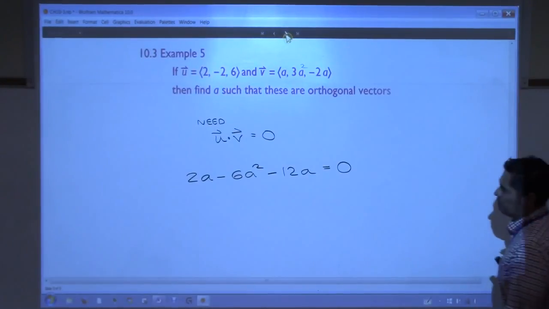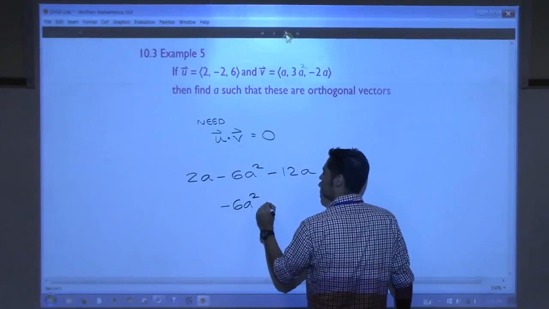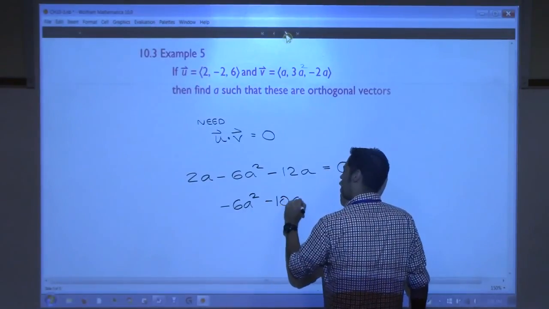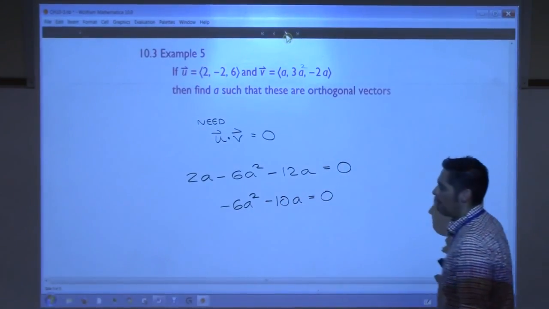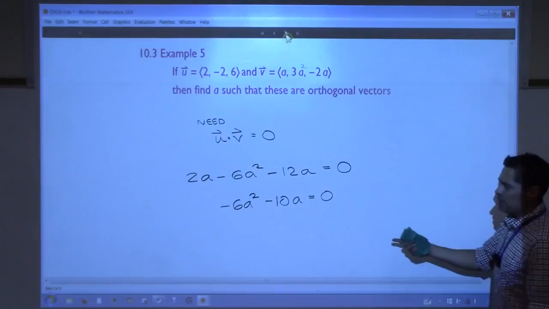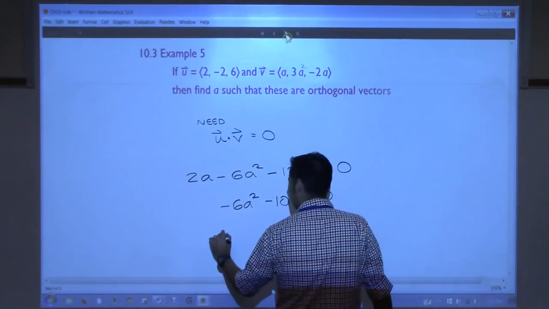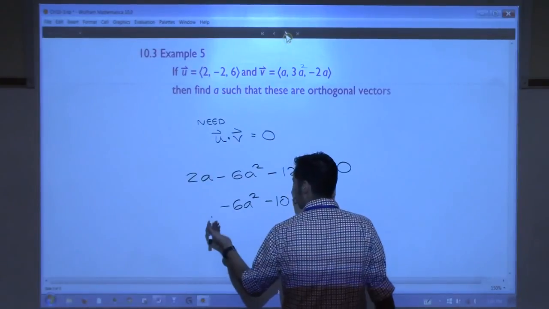Let's see. I don't know if we're going to be able to get this. This is negative 6A squared minus 10A equals 0, right? Combining like terms. And this is a quadratic. It factors pretty easily, doesn't it? What do you want to factor out?